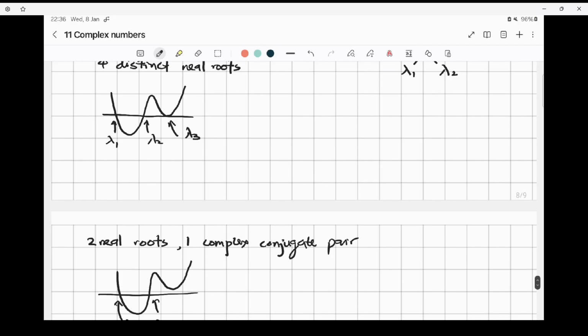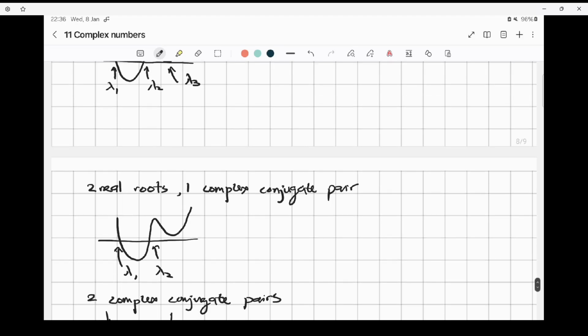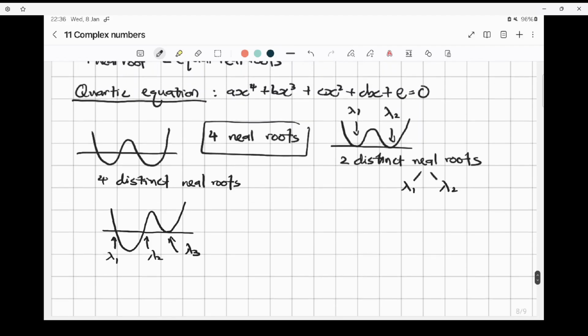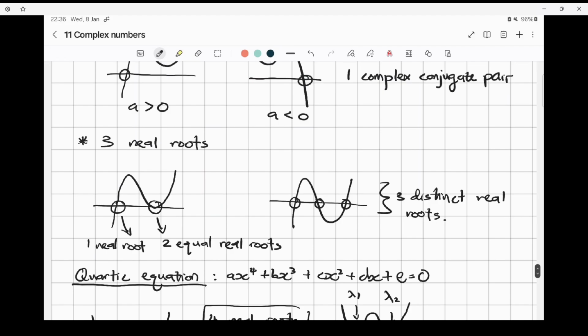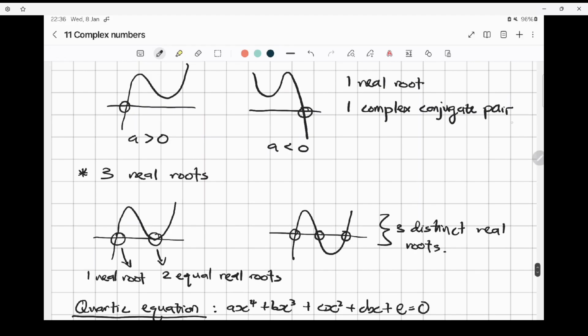And you can extend this particular set of ideas to whatever polynomials of power n. So basically, the meaning is the same. So the take-home message over here is that whenever you have complex roots, it always comes in pair. So that's what we call as the complex conjugate pair.